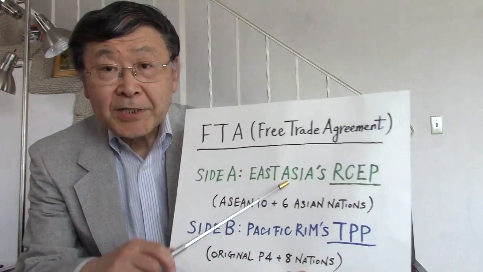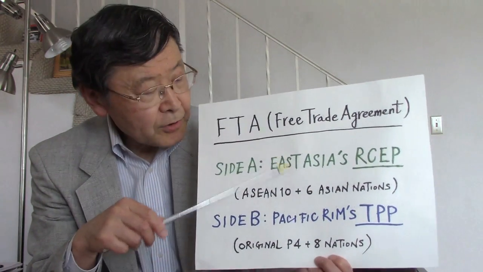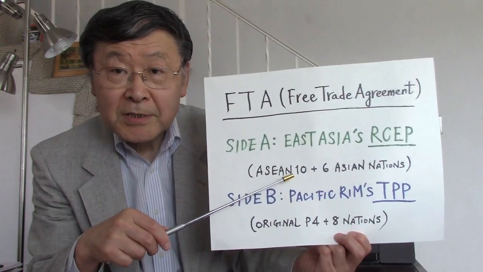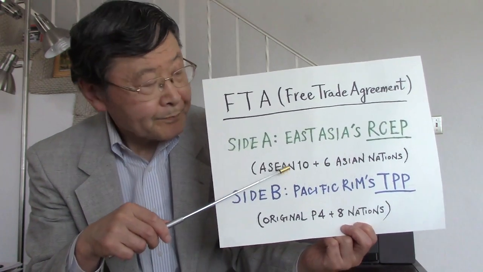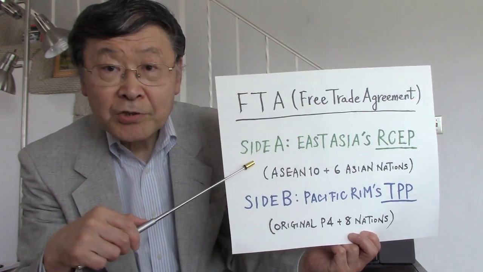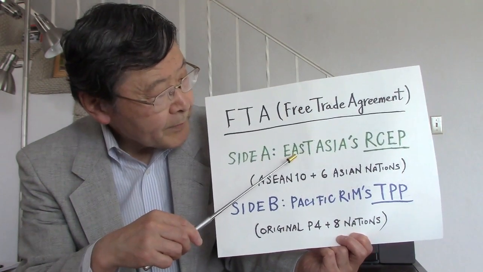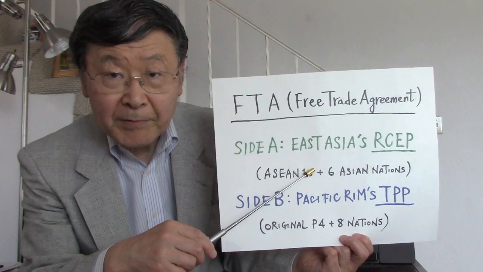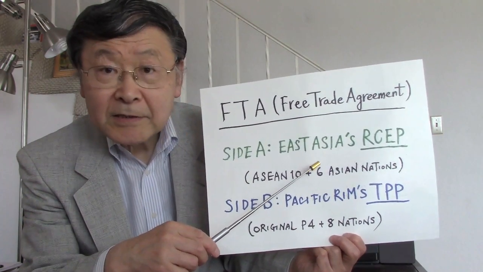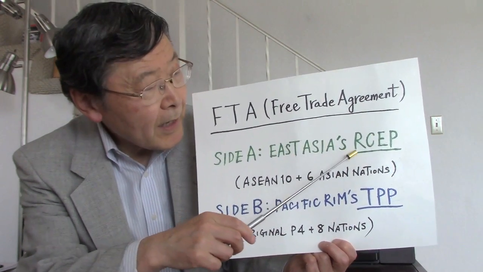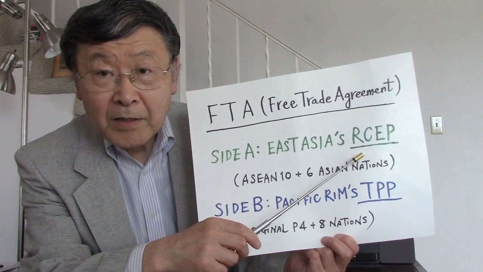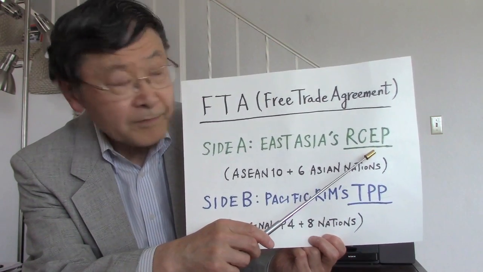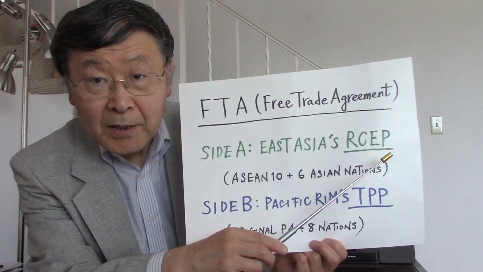Now, in Asia or East Asia, there are two alternative approaches at work right now. The first approach might be called East Asia's own free trade agreement, represented by RCEP, Regional Comprehensive Economic Partnership.